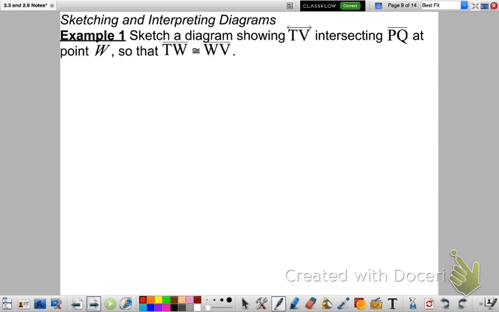Sketch a diagram that shows a line intersecting a segment at a point. Okay, so we have a line TW, and it intersects a segment PQ at point W, so that TW is congruent to WV.